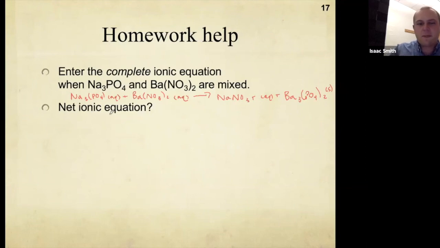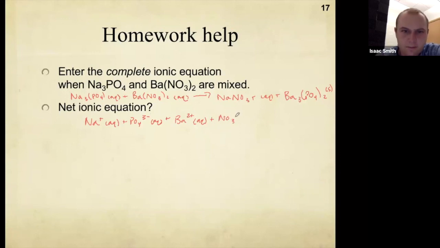We form a solid. Now, if I want to do the complete ionic equation, for every aqueous or soluble ionic compound, I'm going to split it up into the ions. So we get a sodium ion, that's aqueous, and then the phosphate ion, aqueous. Then we have the barium ion, which is aqueous, and the nitrate ion, which is aqueous.